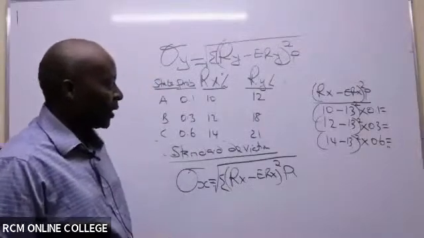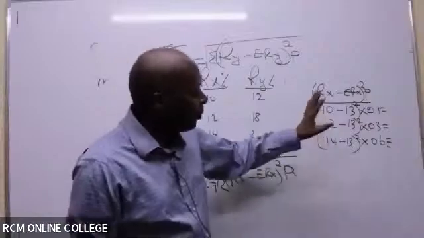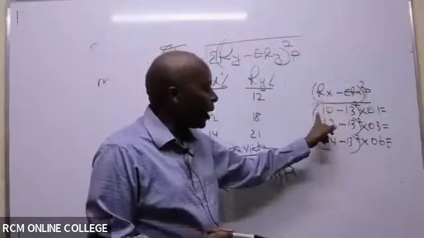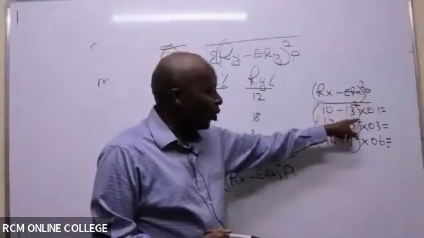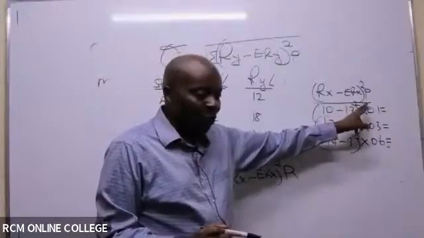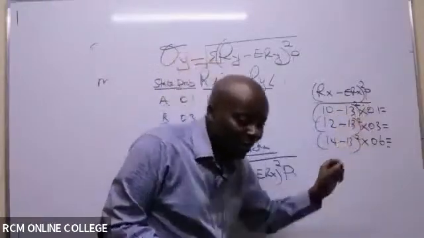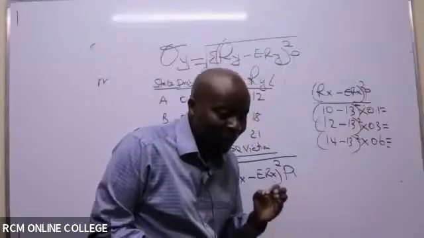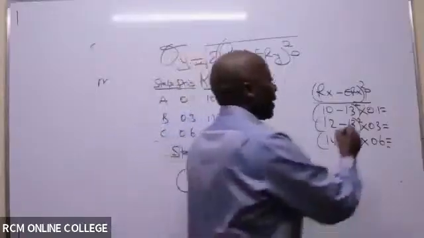Okay, nimeunderstand sasa. So open bracket, 10 minus 13, you close, you square, times 0.1. So we have 0.9, the first one.